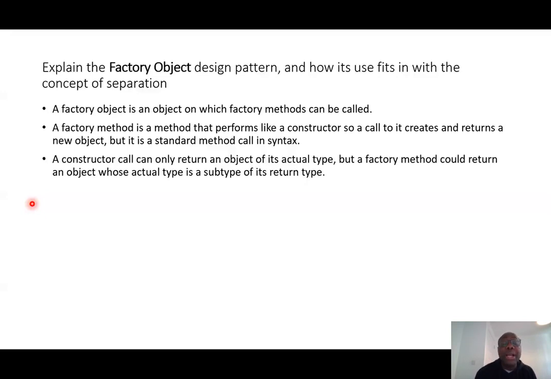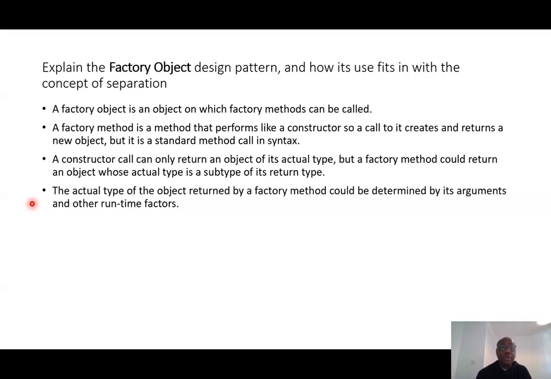But a constructor has to return its actual type. That is one difference between a factory method and a constructor. And that tells you that a factory method will return an object, actually. The actual type of the object returned by a factory method could be determined by its arguments and other runtime factors.